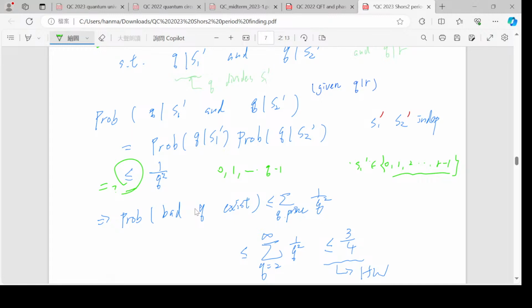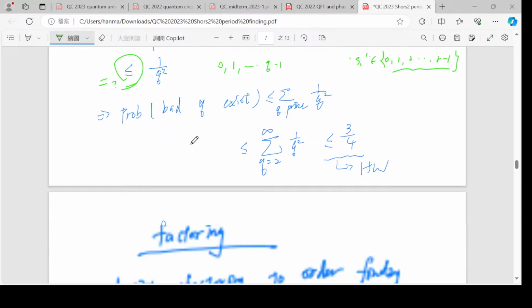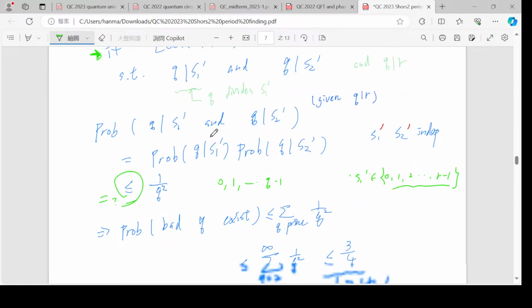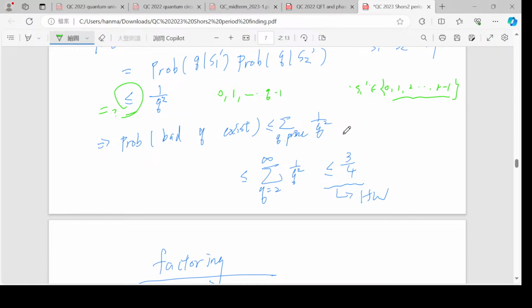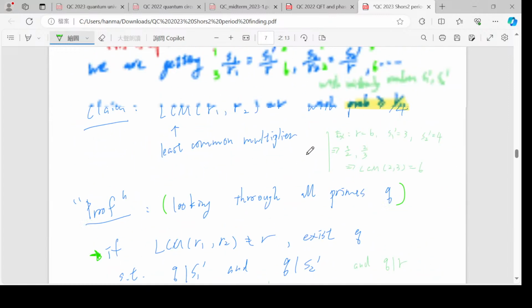And if we ignore Q divided by R, then because we are counting from 0, I think the probability will actually be a little larger. Okay. But anyway, that's a minor detail. That's not very important.